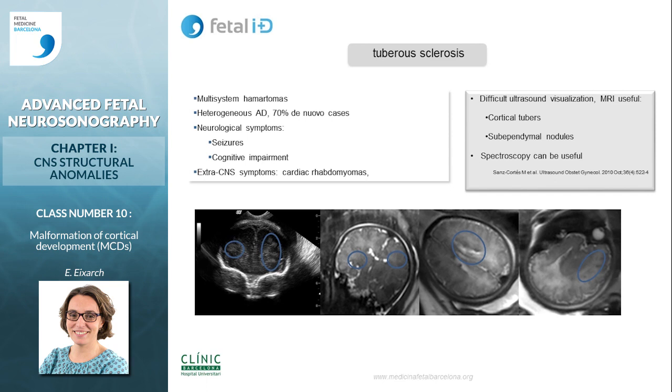The ultrasound detection is difficult, although sometimes the hamartomas can be seen in the cerebral parenchyma. So in this case, the MRI will be useful to diagnose not only the cortical tubers, but the ependymal ones as well. In these cases, the spectroscopy can be useful.